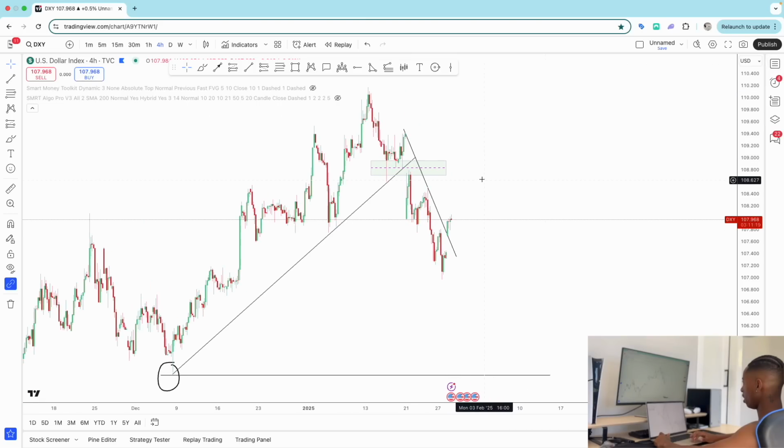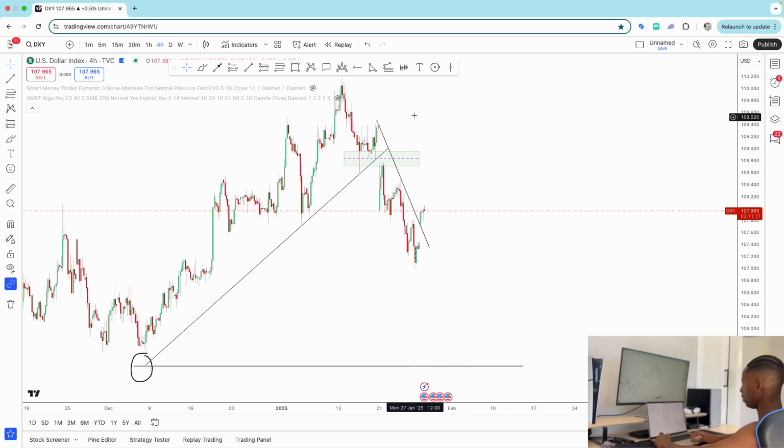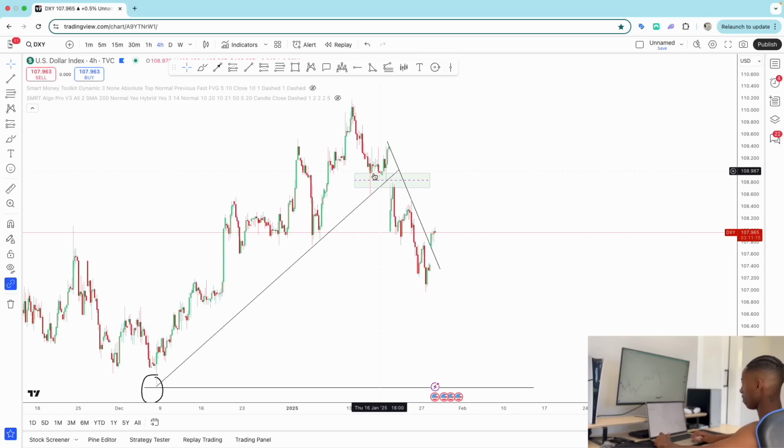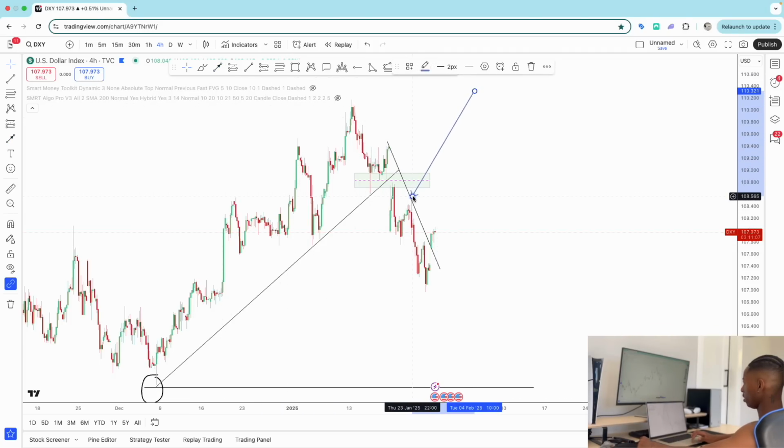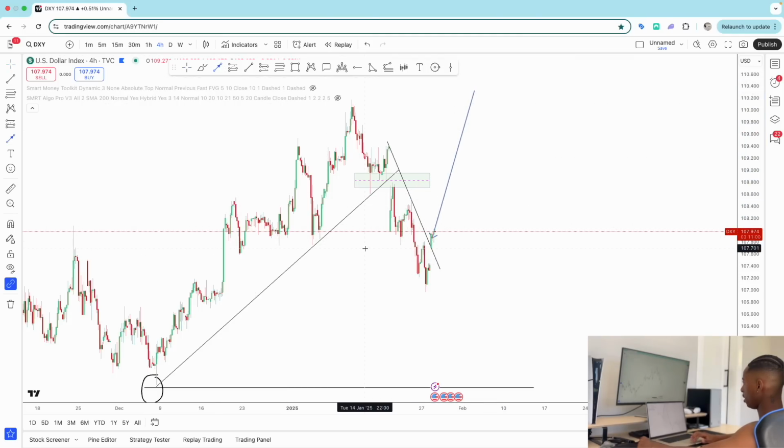So the first thing that I'd love to see here is the dollar index. With what I'm seeing here, on the previous video that we posted, we had this right here, we had this as well, and now you can see here is where we were looking for price to respect this by coming here and then going all the way down.